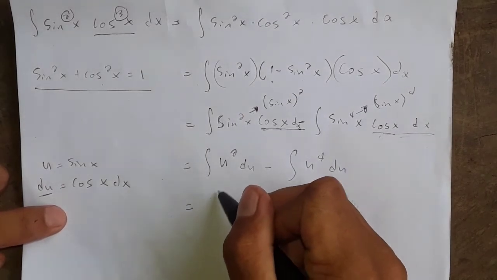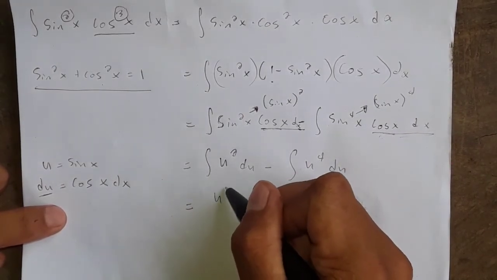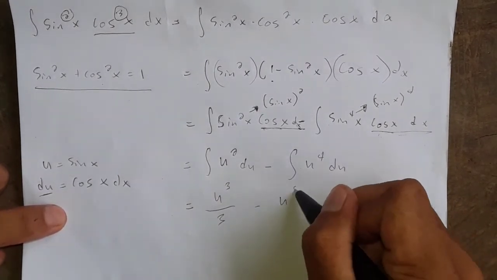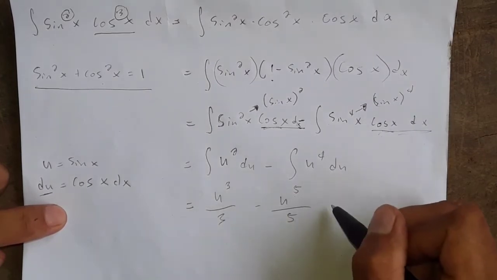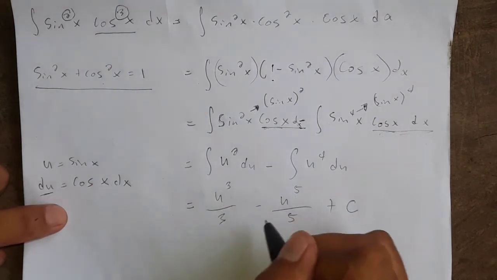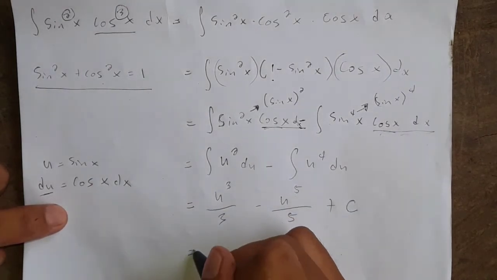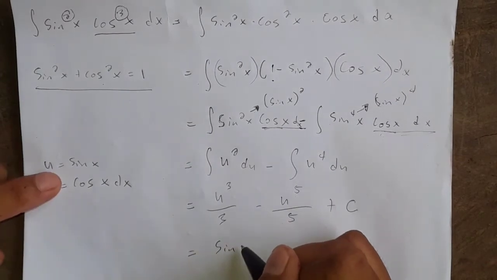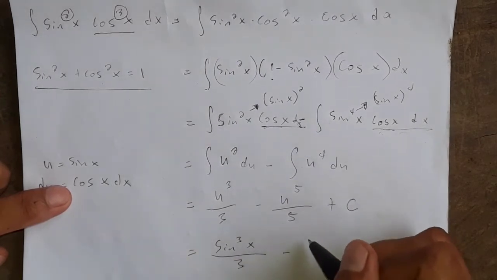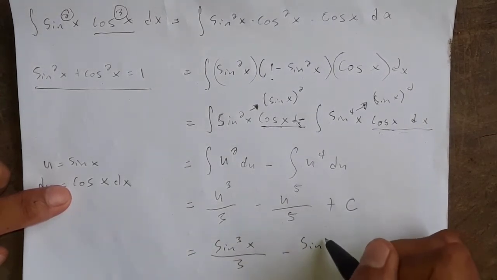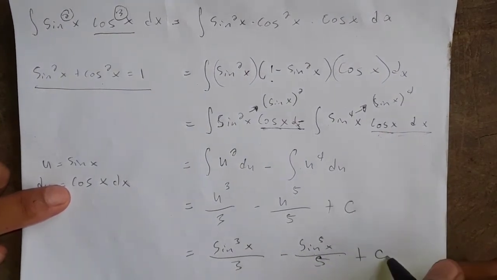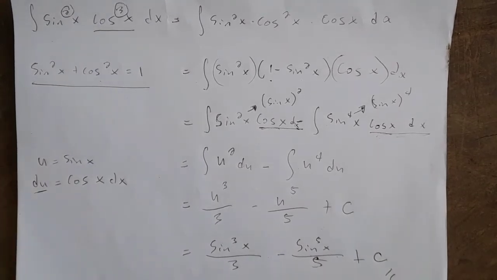The integral of u squared du is u raised to 3 over 3, minus the integral of u raised to 4 du, which is u raised to 5 over 5, plus an arbitrary constant. Substituting back the original function, it equals sine cubed of x over 3 minus sine of x raised to 5 over 5 plus an arbitrary constant. So that was our final answer.